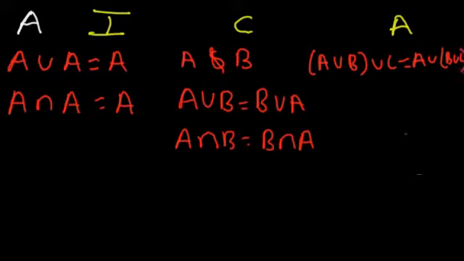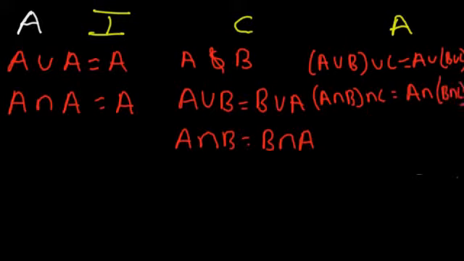I'm just trying to manage the space, and it also says that A intersect B intersect C is also equal to A intersect B intersect C.